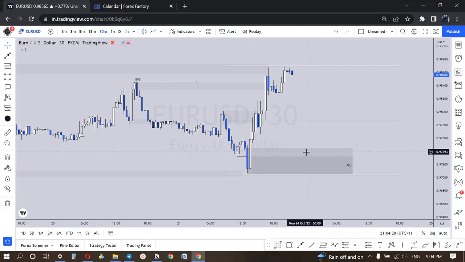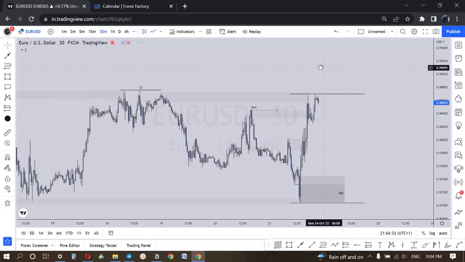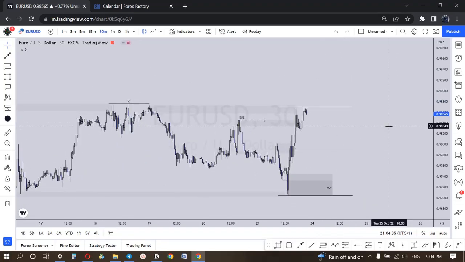But like I said, guys, I will not go aggressively. I will patiently wait and see that confirmation. Once I see that confirmation, I'm going to take advantage of the trade and buy and hold for a very long time. But management of your trade is very important.